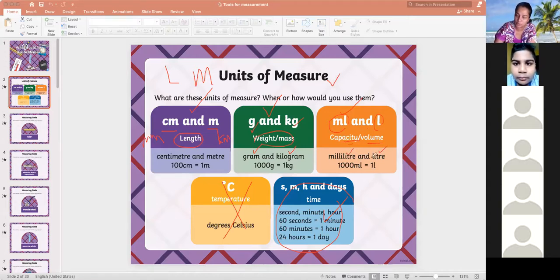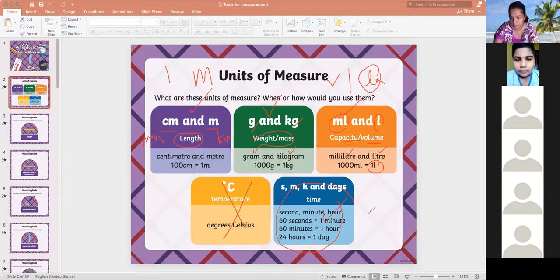And to remind you, when you write this word, can you see this 1 liter here? That L is actually written like this. Because if you write a normal L, it will look almost like 1. So in order for us to avoid confusion, if you want to write 1 liter, we use the L like this.